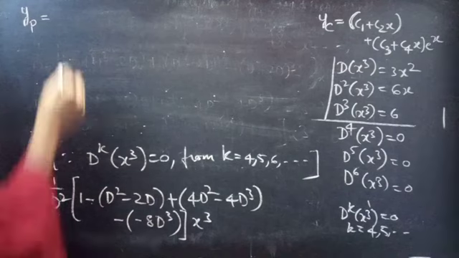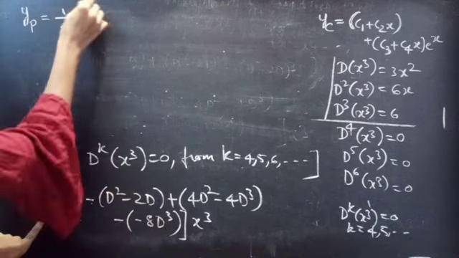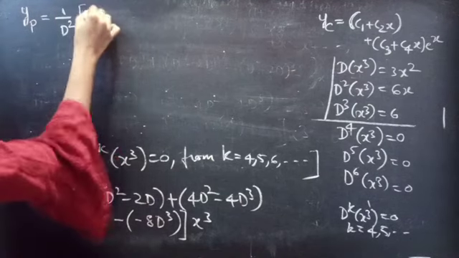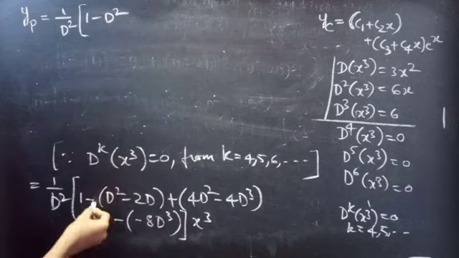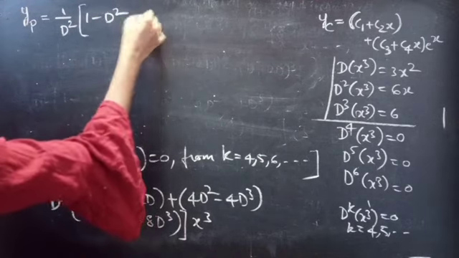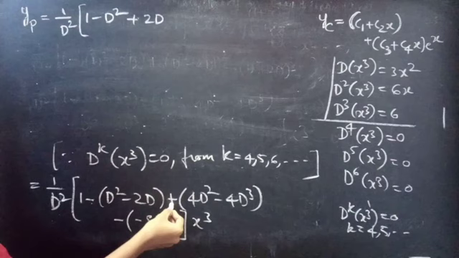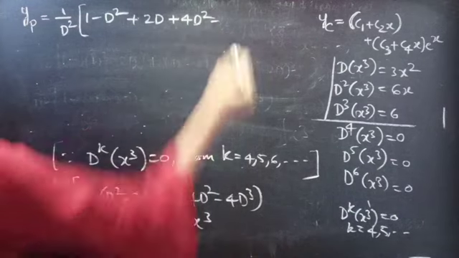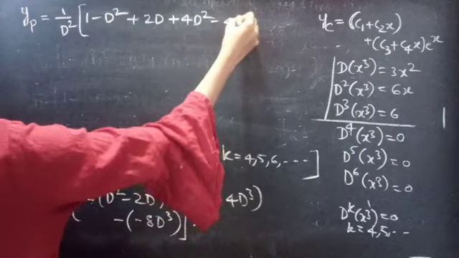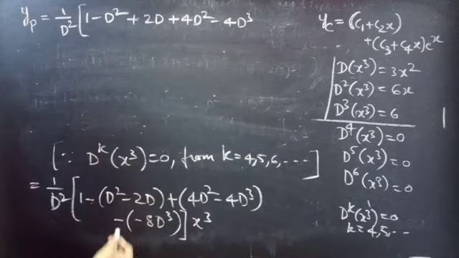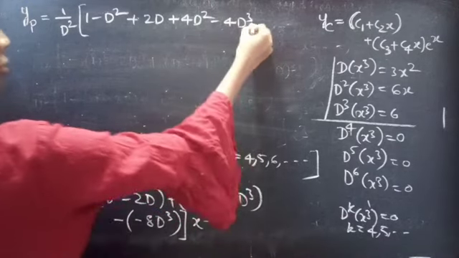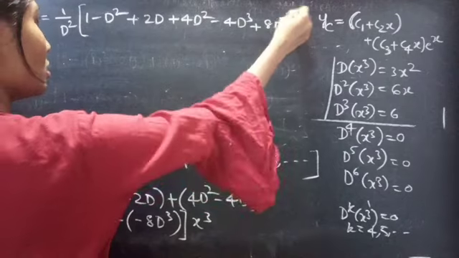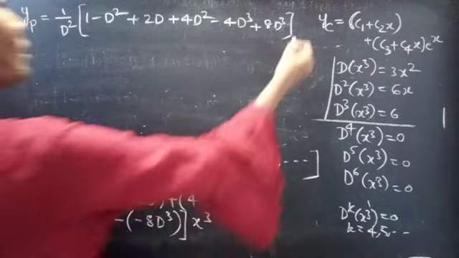Now this becomes 1 by D square into (1 minus D square minus into minus plus 2D plus 4D square minus 4D cube minus into minus plus 8D cube) into x cube.